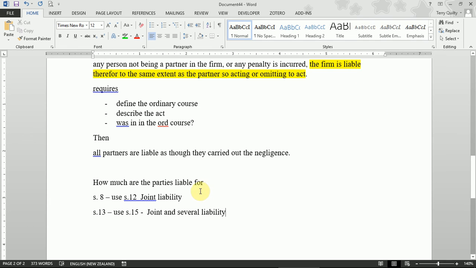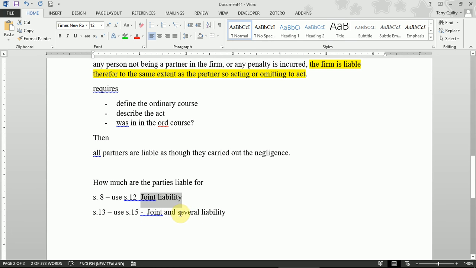Joint liability means everybody's liable for everything. Several means you're liable for your share. So here, all partners are liable for everything. So it's a 200k car, and there's three of us, that's 80-something thousand each. If one of the partners doesn't have any money though, then we're going to end up paying $100,000 each. Or one partner might pay it all. It's really up to the creditor.